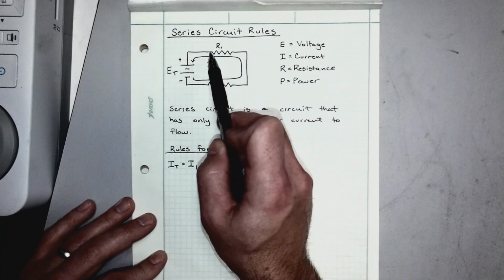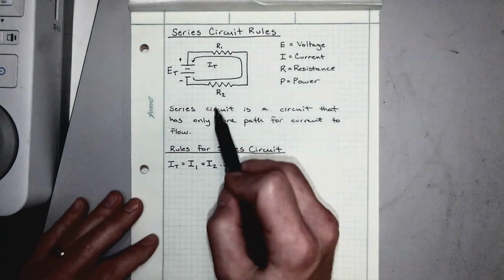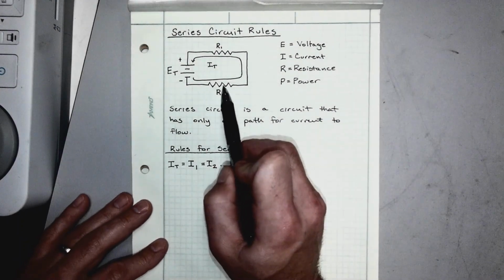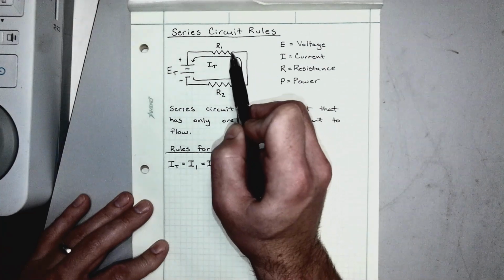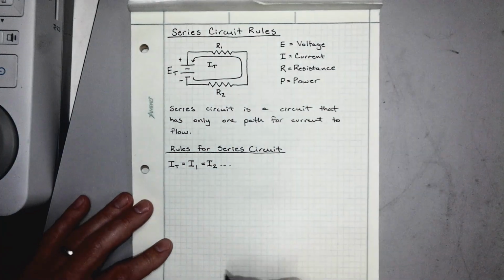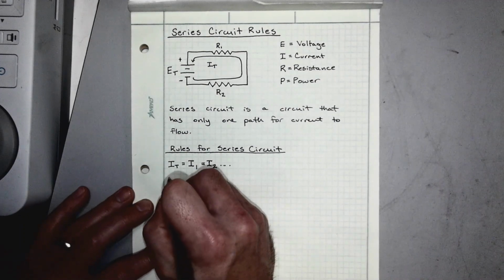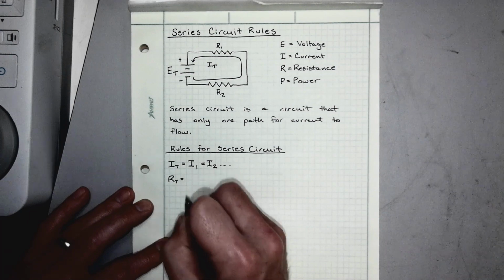So by the time I get back to the battery, I'm telling all my electron friends, hey, if you go out there, you're going to meet some resistance initially. We're going to call that R2, and then again, you're going to meet some additional resistance. We'll call that R1.